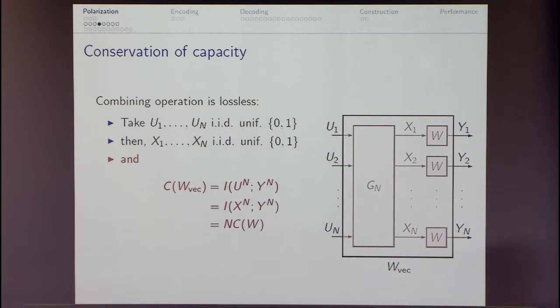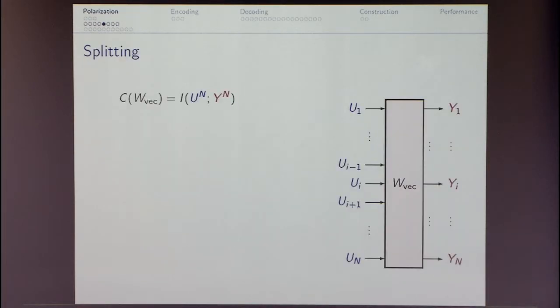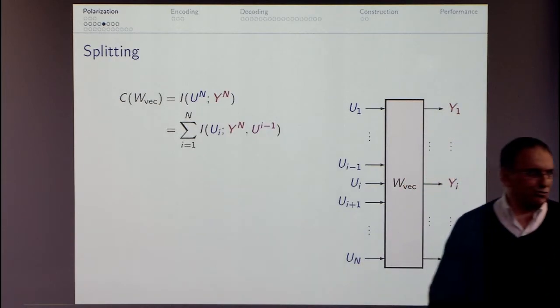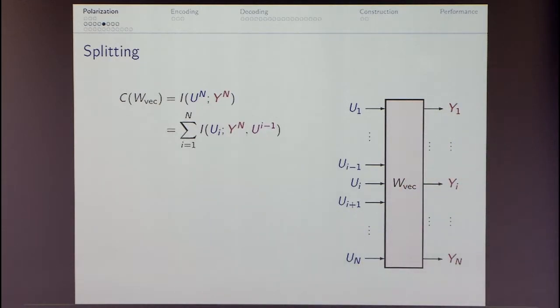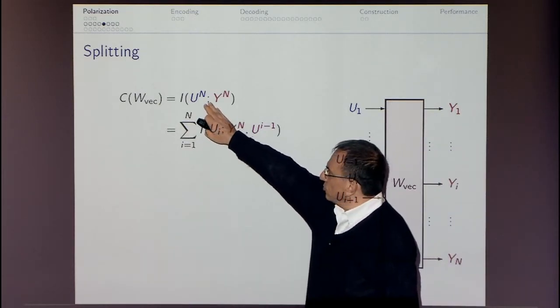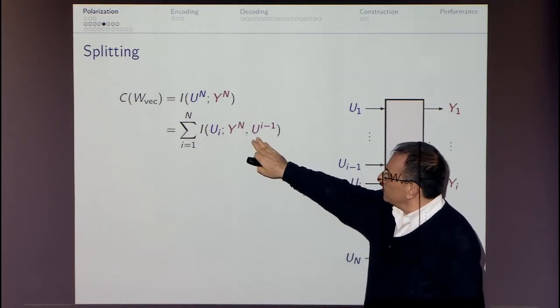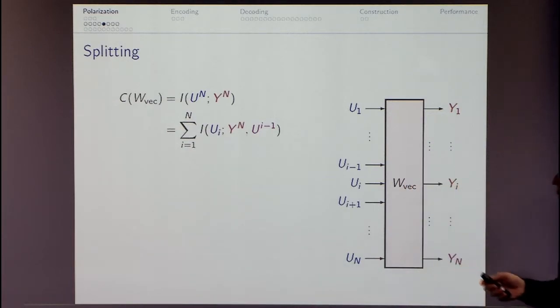So we must ensure that we also will not lose anything as we split this big channel into pieces. And how do we split it? The chain rule is going to be our template or guideline. This mutual information, the total capacity of the vector channel, can be expressed as a sum of such mutual information terms. Now notice that there is U_i here, a single random variable.